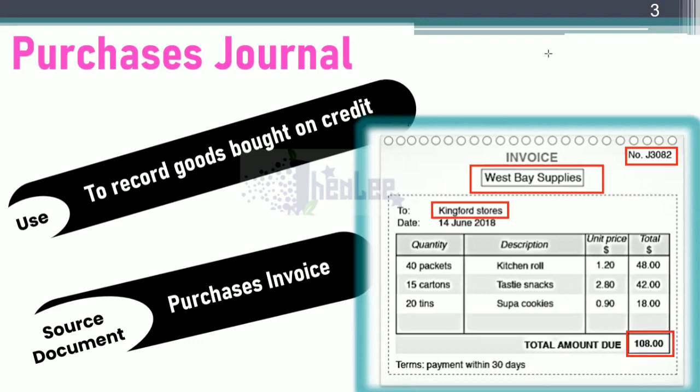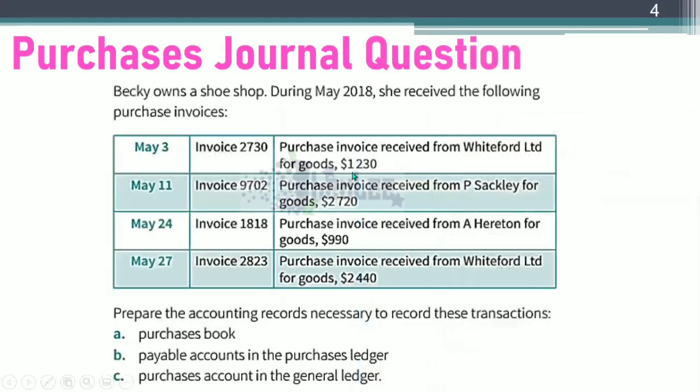All right. Now, we are going to look at preparing a purchases journal. So from this question, and this question was taken from the Principles of Accounts text, that's the Nelson Thornes text. And it reads, Becky owns a shoe shop.